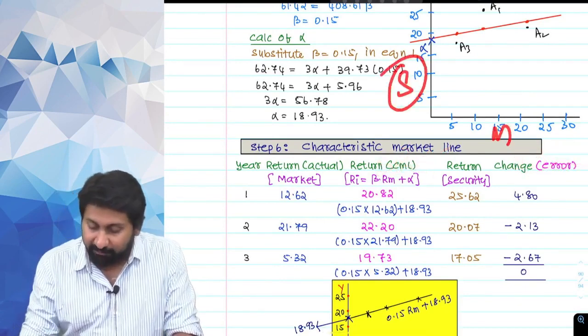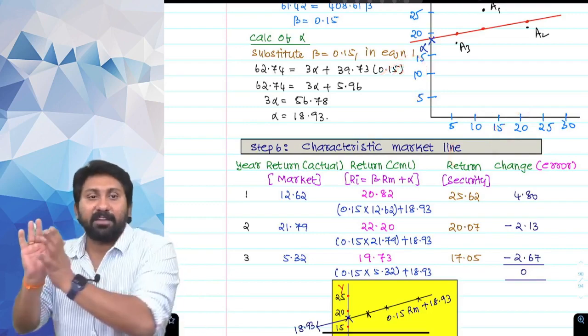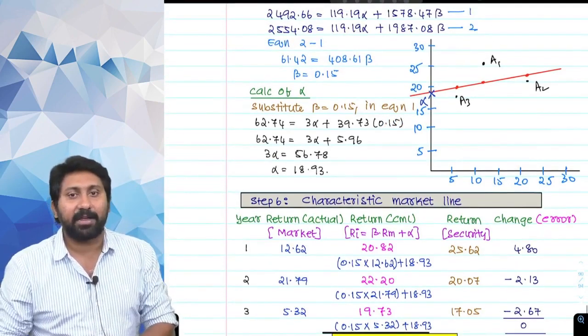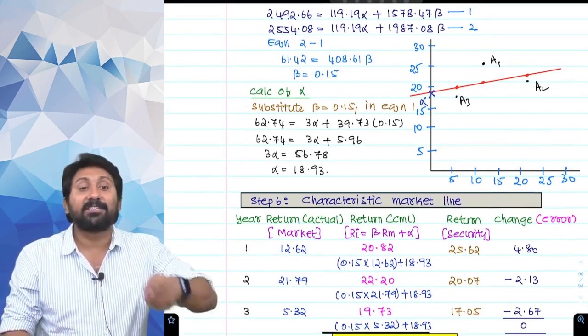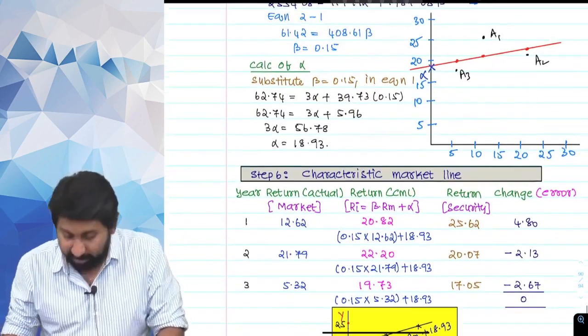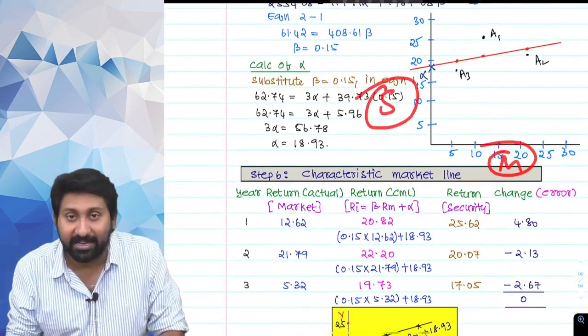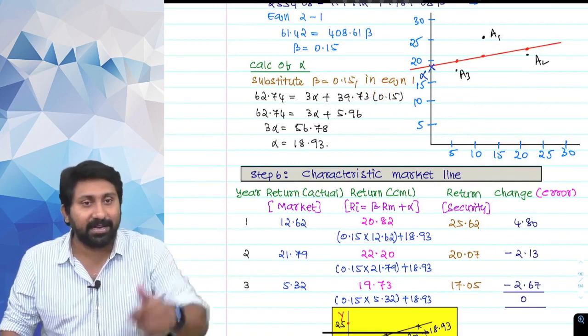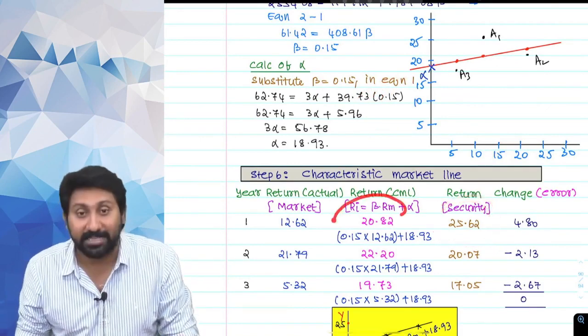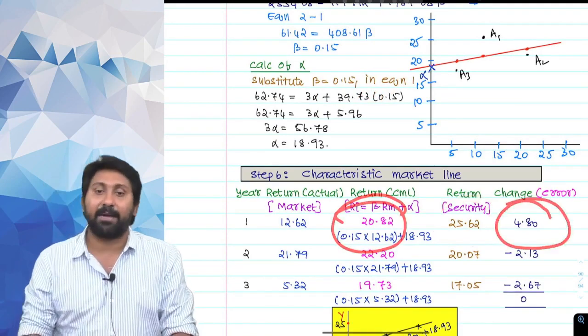Market to security: if you analyze the relation, how much security is affected because of the market is systematic. The analysis of market and security is systematic. Okay, when you take systematic items on the x-axis and y-axis, you should only take systematic returns. But you have considered 25.62, which is a combination of the systematic return and also the unsystematic return.